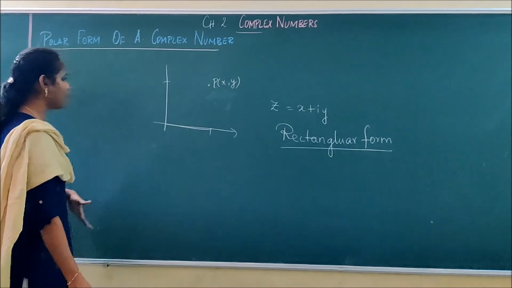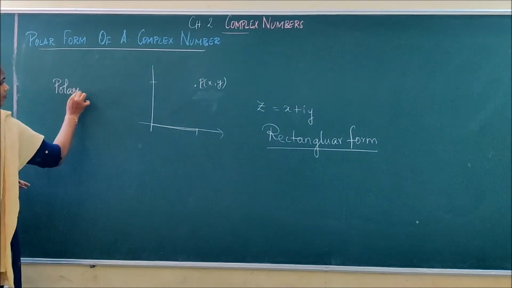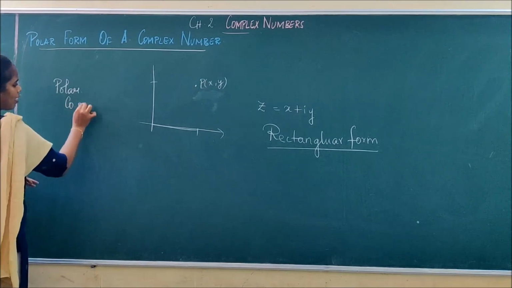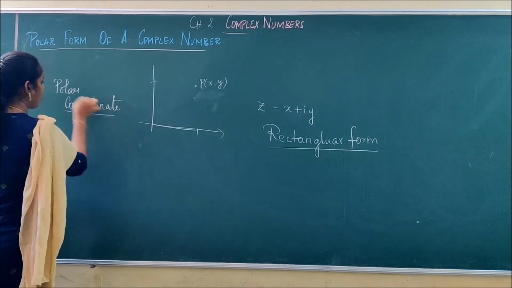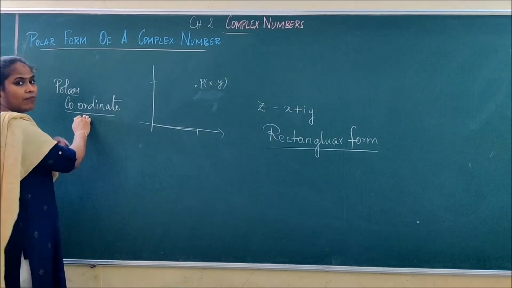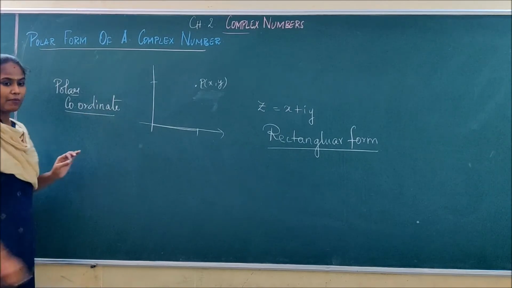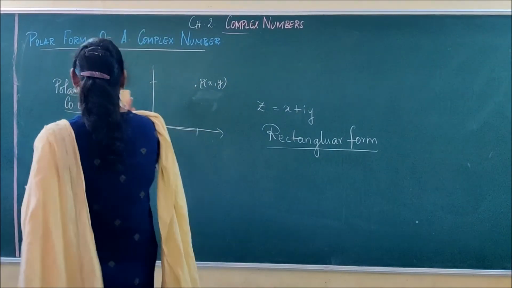And in polar form, we need a polar coordinate. How will you determine this polar coordinate? The polar coordinate is not like P of x comma y.